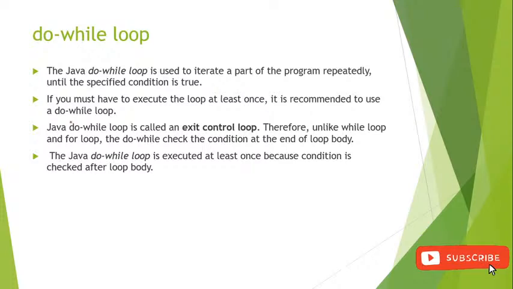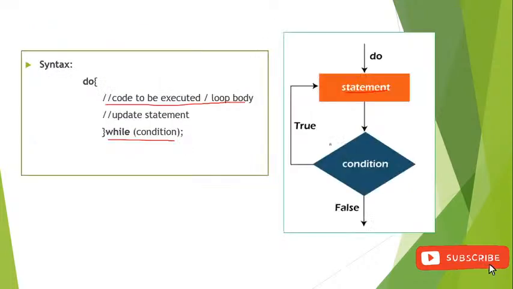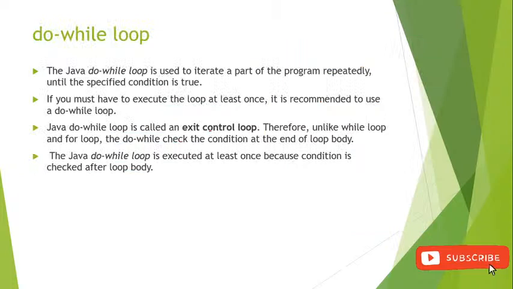Java do while loop is called the exit control loop. Why? Because unlike while loop and for loop, the do while checks the condition at the end of the loop body, meaning at last it will check the condition. That's why we can call this an exit control loop. Java do while loop is executed at least once because the condition is checked after the loop body.